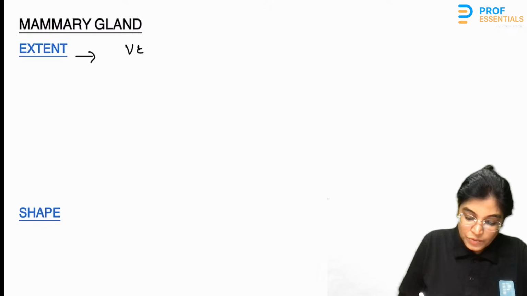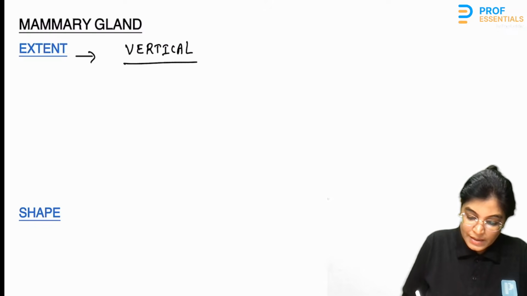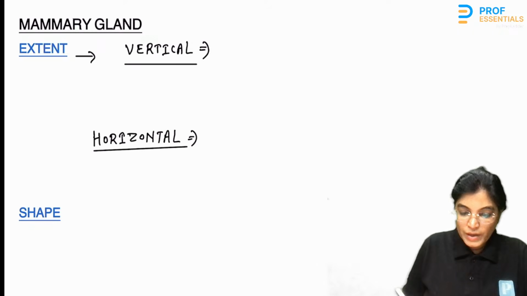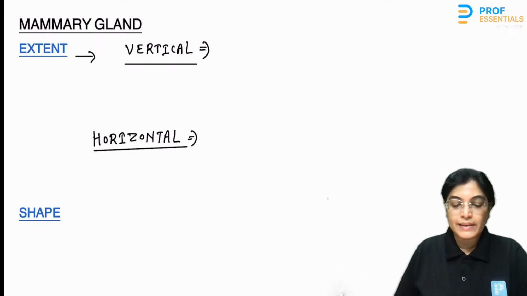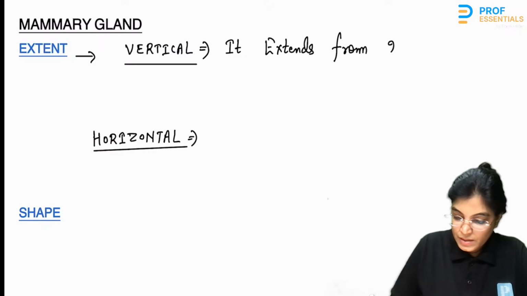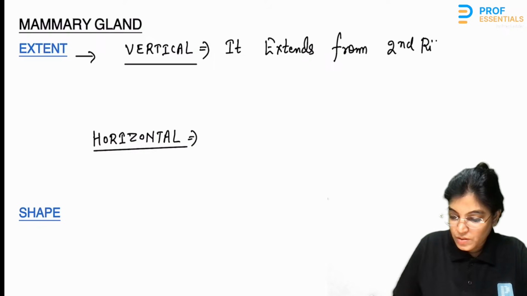Both we have to know: the vertical extent and the horizontal extent. Vertically, the mammary gland extends from the second rib to the sixth rib.